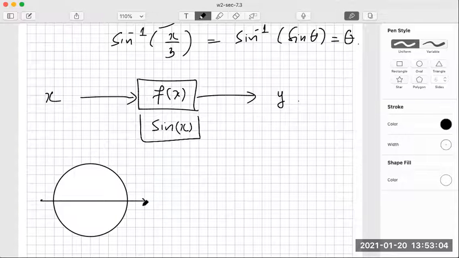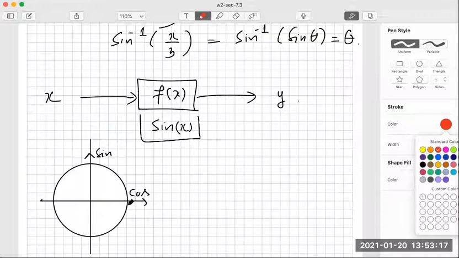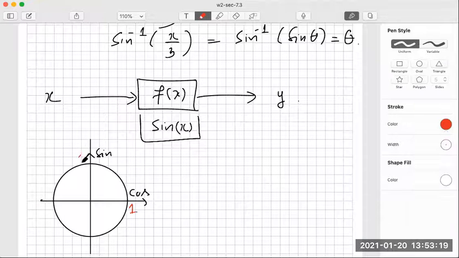This is the cosine axis, and this is the sine axis here. The value of them will be 1 here. And the angle goes in this direction, counterclockwise.